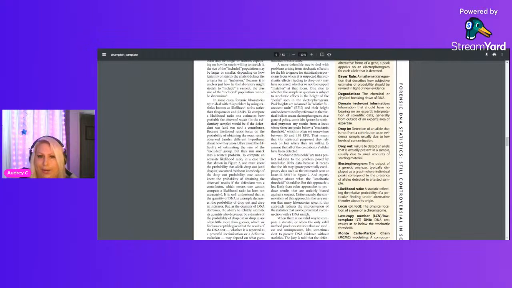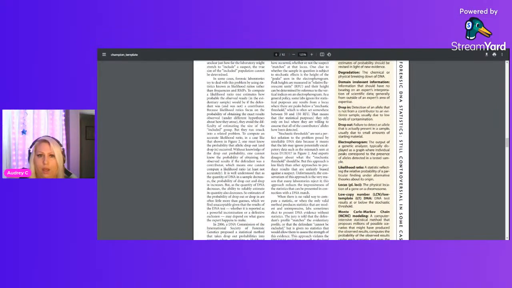To compute an accurate likelihood ratio in a case like the one shown in figure 2, which we looked at and will look at again later, one must know the probability of allelic drop-out and drop-in, the probability of that allelic drop-out occurring.